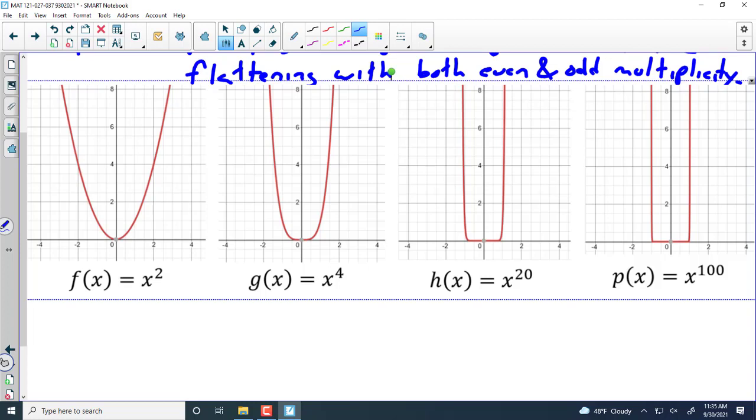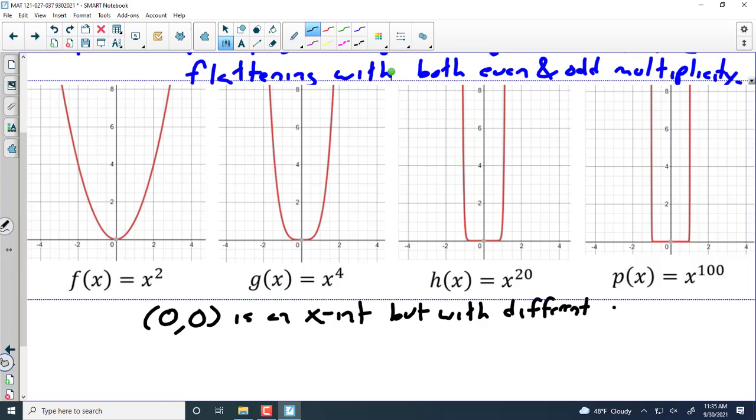Here what I did was I asked the computer to go ahead and graph x squared, x to the 4th, x to the 20th, and x to the 100th. Now what actually happens here, everyone, is in all of these, 0, 0 is an x-intercept, but with different multiplicities.